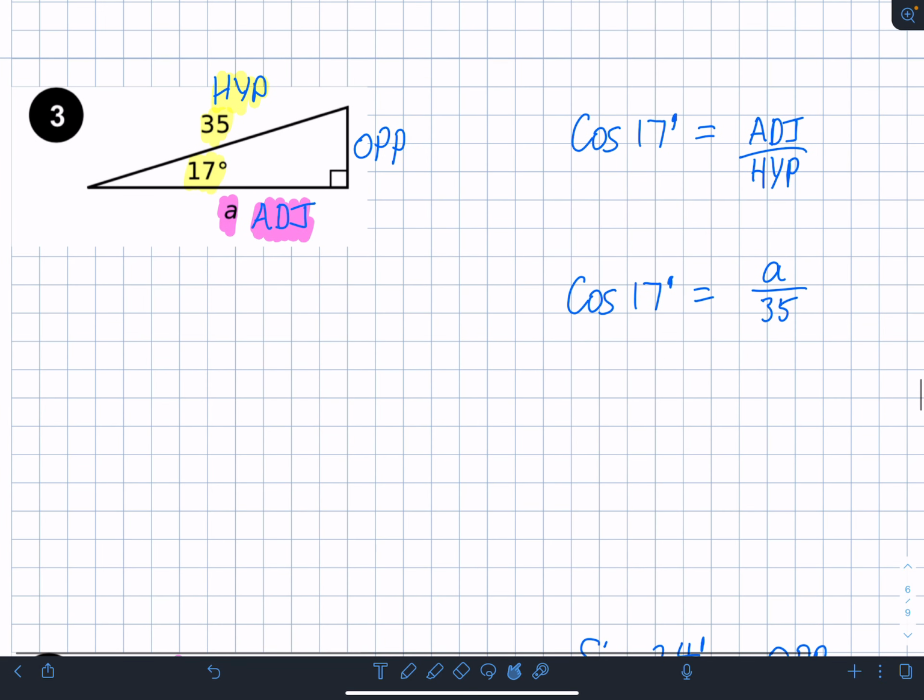Okay, so we've labelled the lengths of the sides. Firstly the hypotenuse, secondly adjacent, and thirdly opposite. We've highlighted that we've got an adjacent and a hypotenuse. With an adjacent and a hypotenuse, we need to determine if we're using sine, cos, or tan.